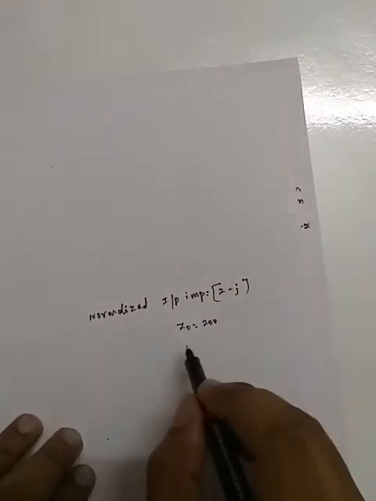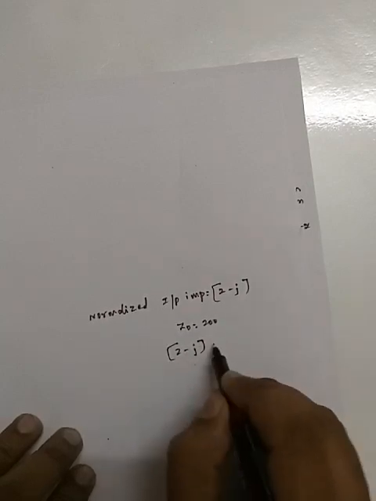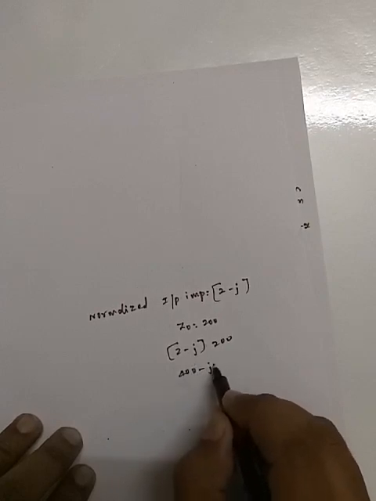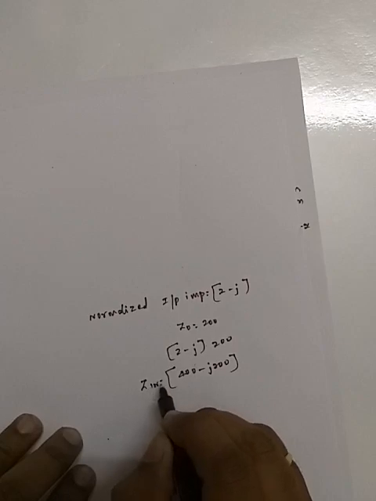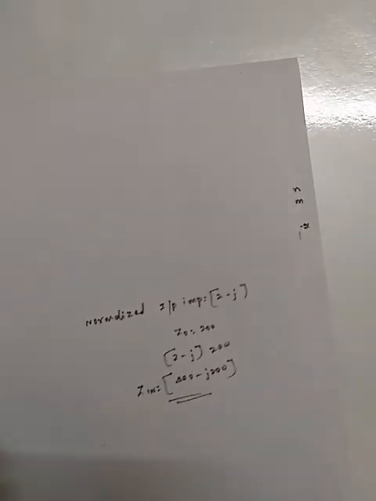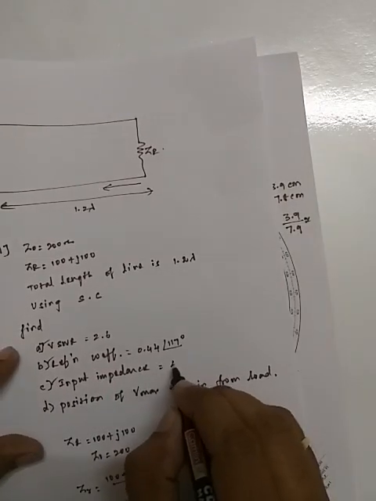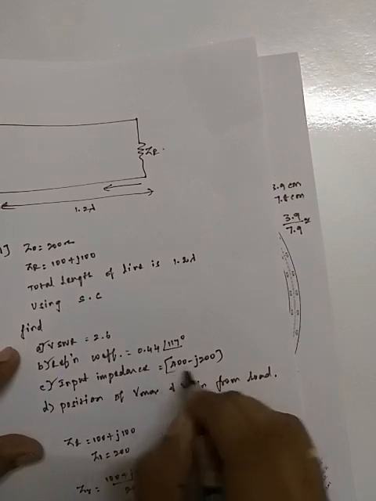For normalizing we divided the value by 200, so to get the actual value, multiply it with 200. So 400 minus j200 is the actual input impedance. Okay, so the answer is 400 minus j200 ohms.